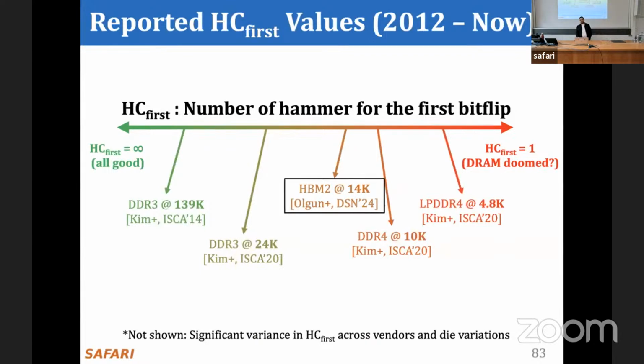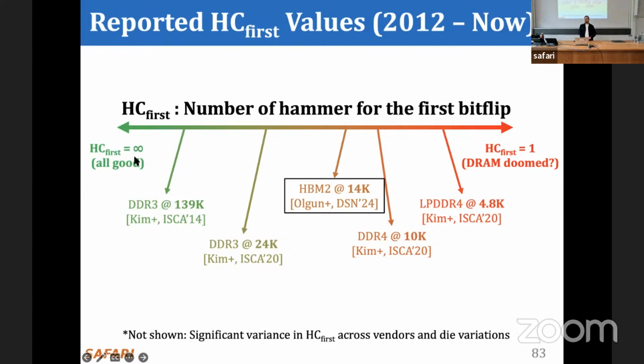So here is a cartoonish comparison of different vulnerability levels. Again, I'm going to talk about this metric HC first. This is essentially the hammer count, the number of hammers to the first bit flip. In the extreme left side, we have HC first as infinite.